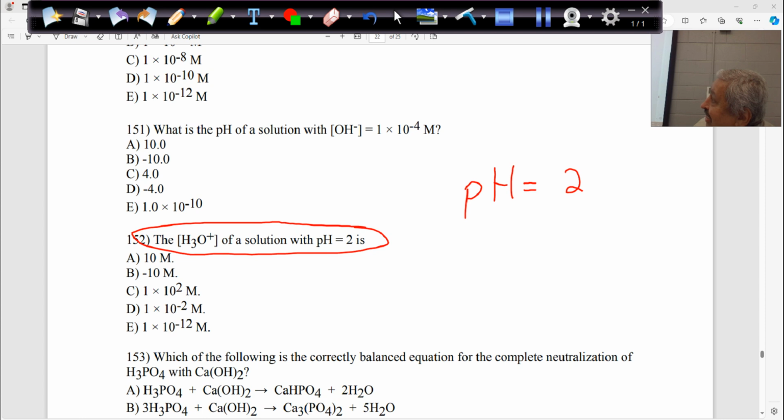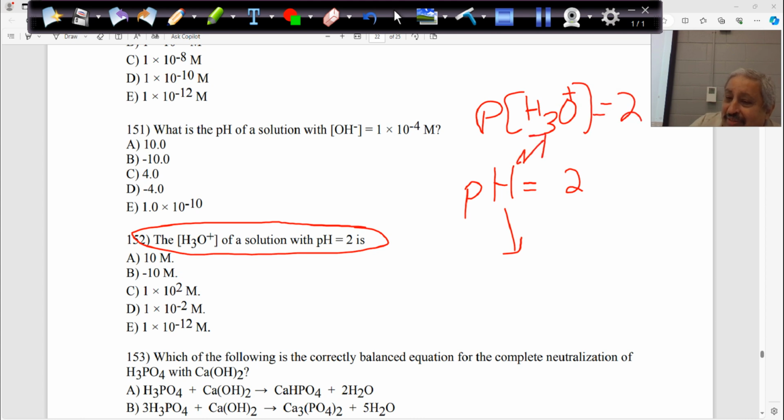It looks like it should somehow be 2.0, but anyway, pH as one sig fig means our answer has to be one sig fig. So we are looking at this. Really, the hydronium ion is 2. We should really replace this one. This one is not existent in the solution. So pH is 2. What is the H?